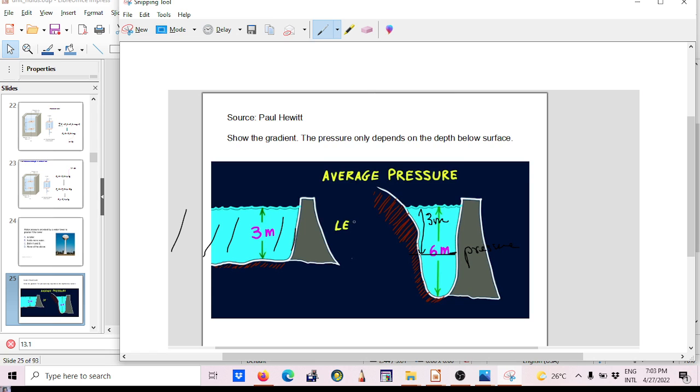So even though the volume is small, the pressure below the surface is always only depending on how deep it is. So here it's going to be exactly the same pressure as here.